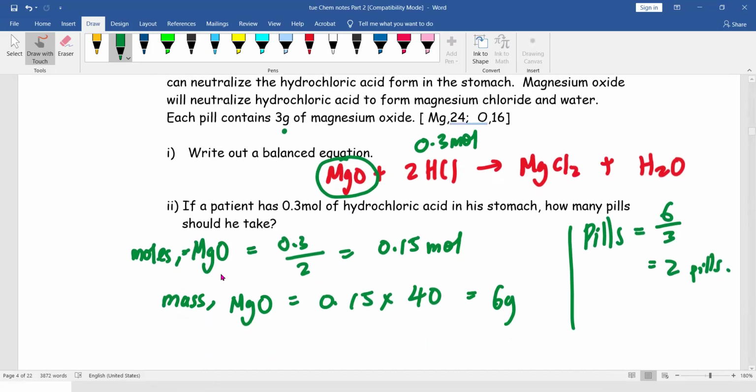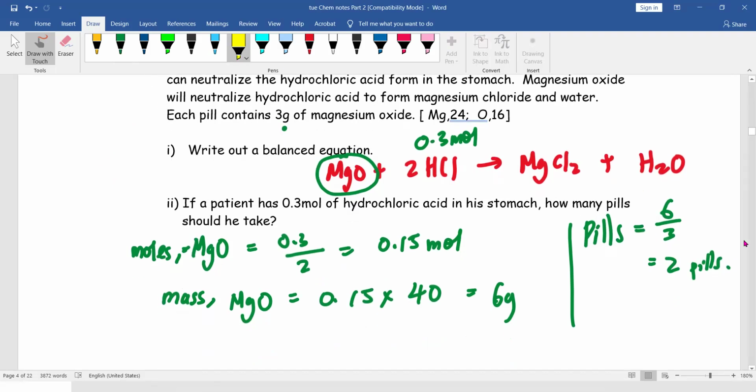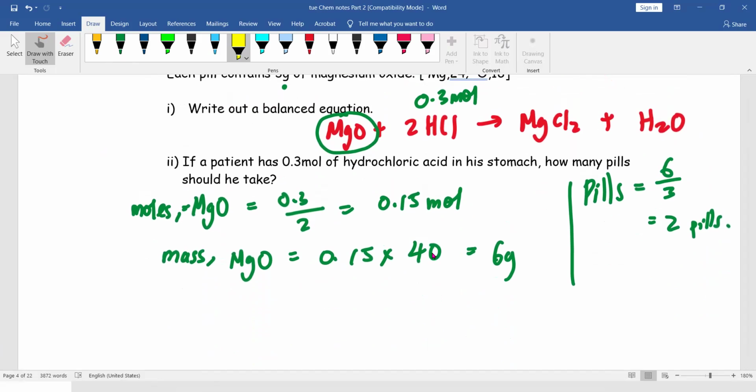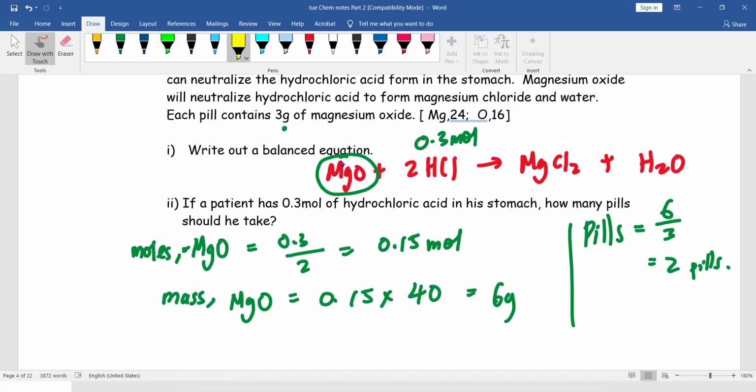Now, if your calculation is different, did you get this? No, you still get 2. Can, but you have to write down what you're doing. Each pill is 3. They're asking you how many pills to take.